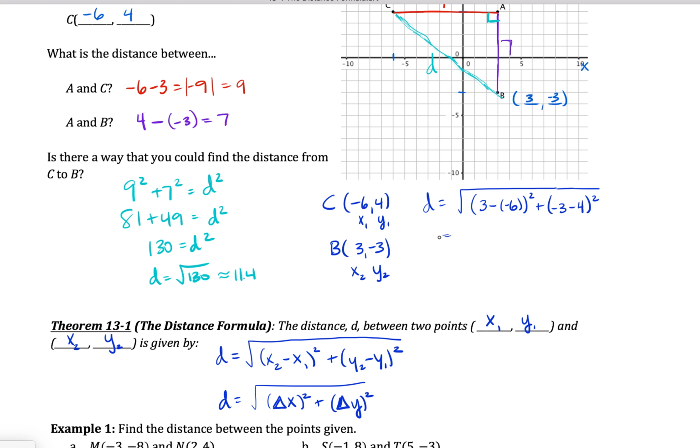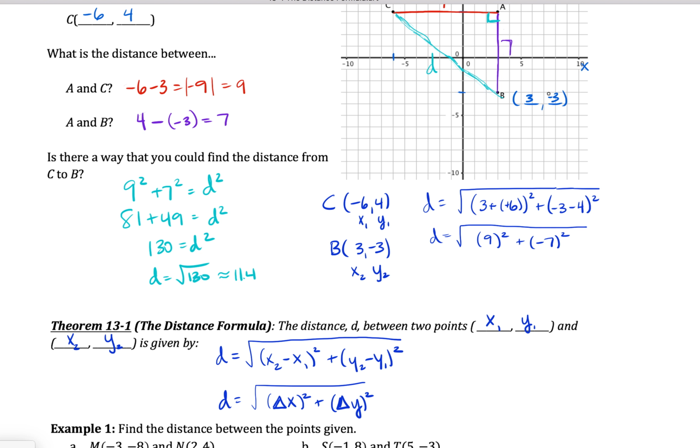So what this simplifies to is the square root of 3 minus -6, which is 3 plus 6, or 9. -3 minus 4 is -7, and I'm going to square both of those things. And so hopefully you can start to see how this is similar to what I did here, right?